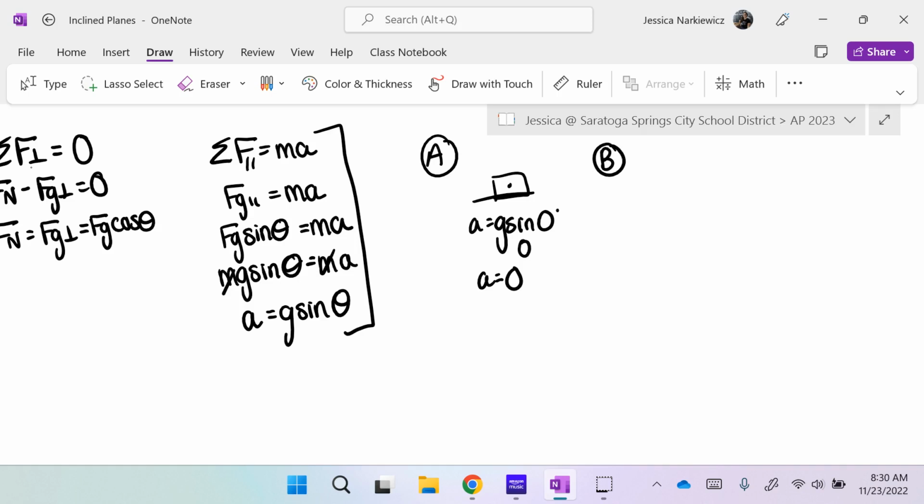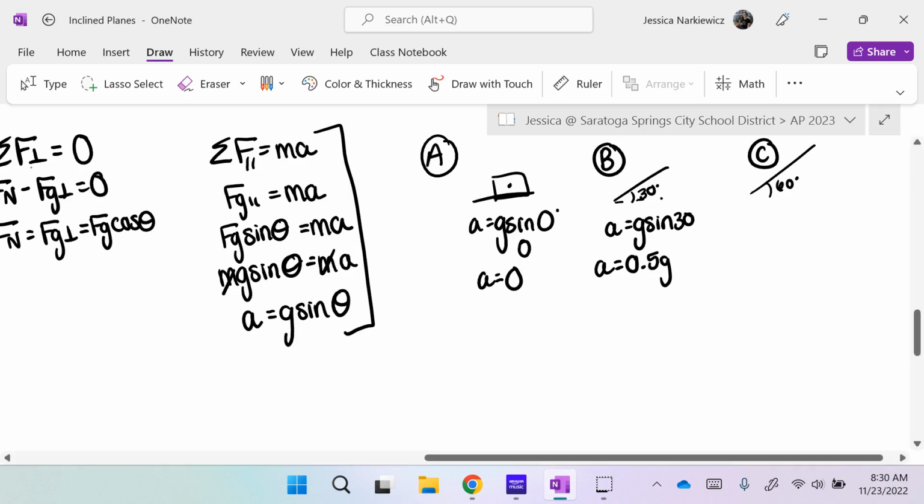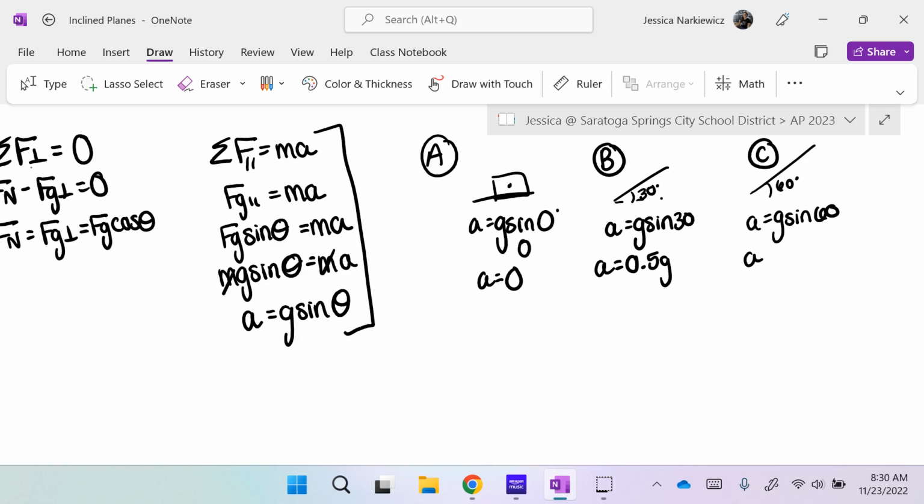For B, where we're at 30 degrees, my acceleration is g sine 30, and the sine of 30 is a half, so a half g. At C, where I'm at 60 degrees, my acceleration is g sine 60, and the sine of 60 is 0.87.